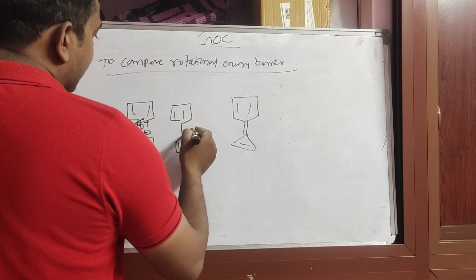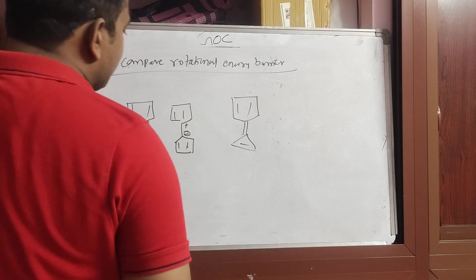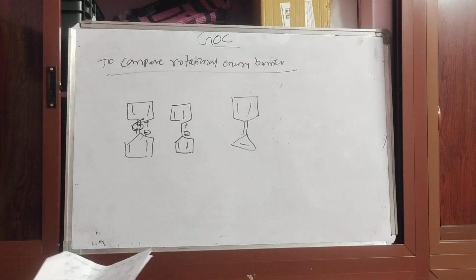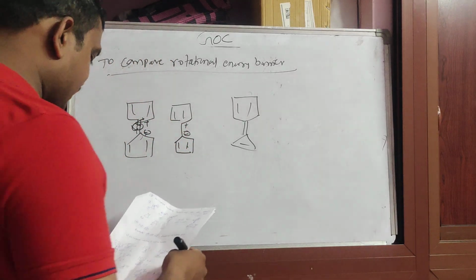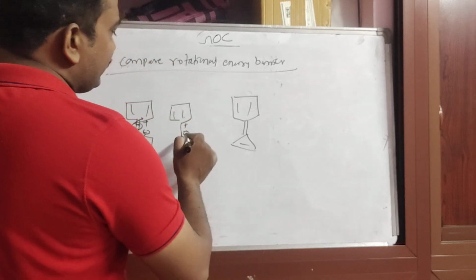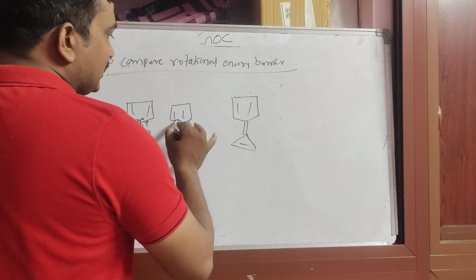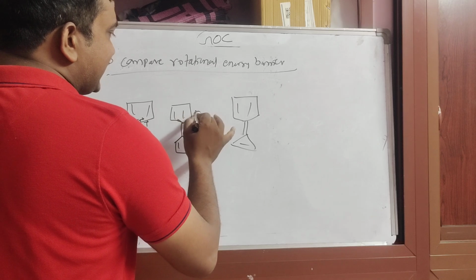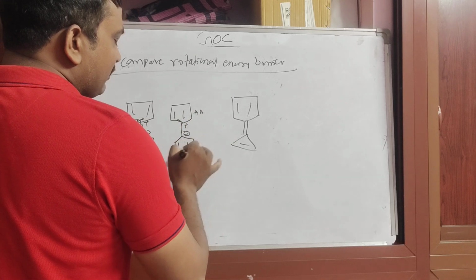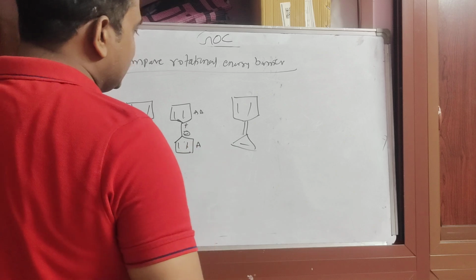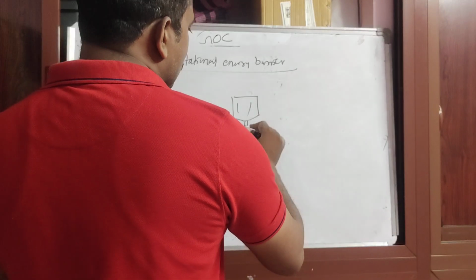Here you get a minus charge, and here you get a plus charge. What will happen if you get a positive charge here? This is 4n pi electrons, so it is anti-aromatic. This negative charge is involved in the localization. This is aromatic. In this case, there are two possibilities.